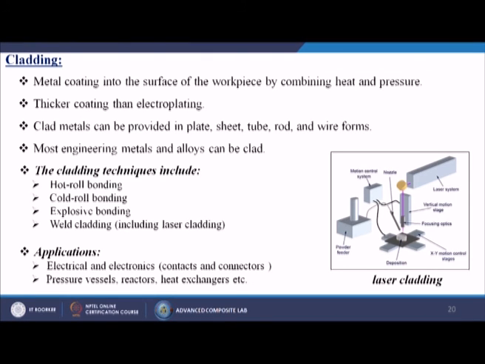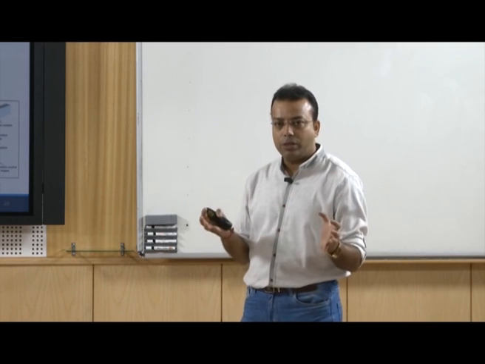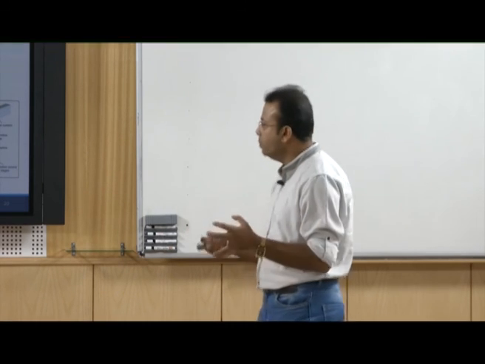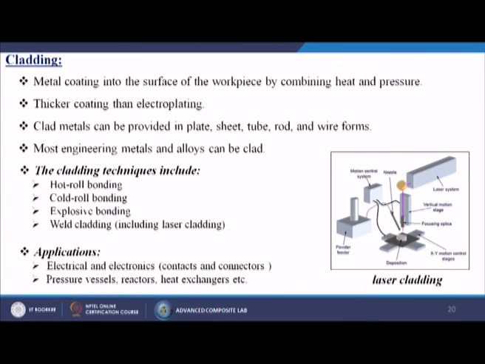In this figure you can see the substrate, then the laser from the laser source, and a powder feeder. The powder comes into direct contact, and the whole thing is inside a pressurized chamber, so you are increasing the pressure as well as the temperature. The cladding techniques include hot roll bonding, cold roll bonding, explosive bonding, and weld cladding including laser cladding.